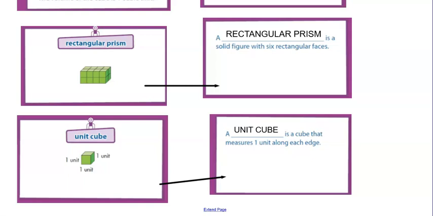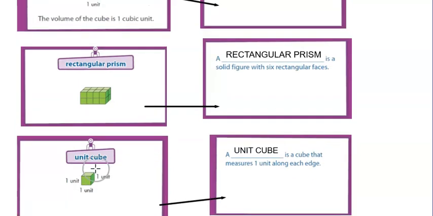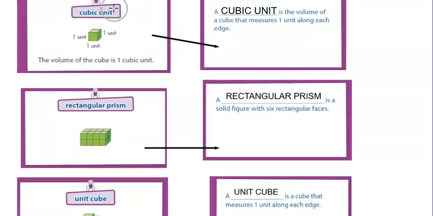Each side represents 1 unit. So this is 1, this is 1, this is 1. 1 times 1 times 1 means that the volume of this is 1. This represents 1 cube, 1 unit cube. Whereas a cubic unit is actually the measurement that you are using to measure the volume of that little cube.